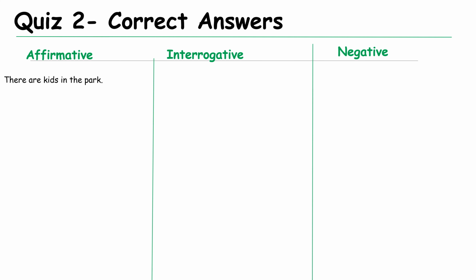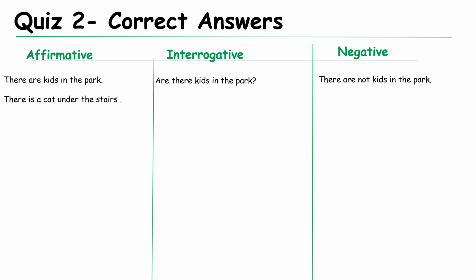There are kids in the park. Are there kids in the park? There are not kids in the park. There is a cat under the stairs. Is there a cat under the stairs? There is not a cat under the stairs.